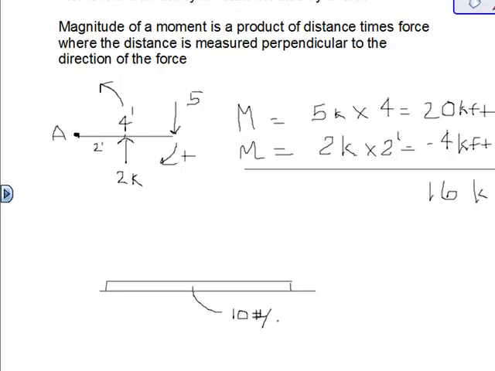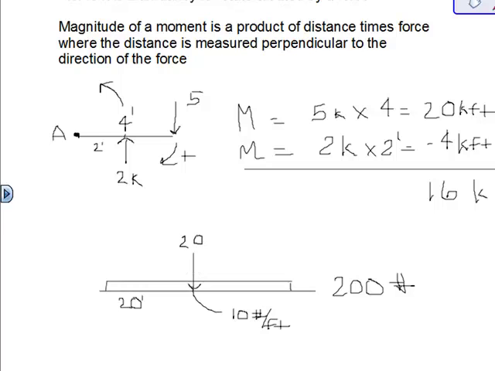If it tells you 10 pounds per foot, that means you got to know how long that is, and let's just say that this is going to be 20 feet long. So 20 times 10 is going to be 200 pounds of total load. And since it's evenly distributed, that 200 pounds is going to be a point load right in the middle, or 10 feet from the end.